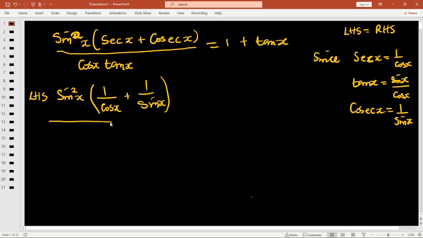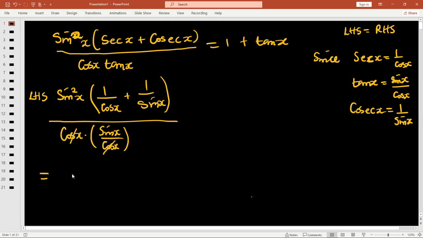Then everything that we have here divided by cos x multiplied by, so where there's tan x here, we substitute with our sin x divided by cos x, like this. Okay, so now we make this top bracket that we have here a single fraction. Then below here you notice cos x and cos x are going to cancel there.